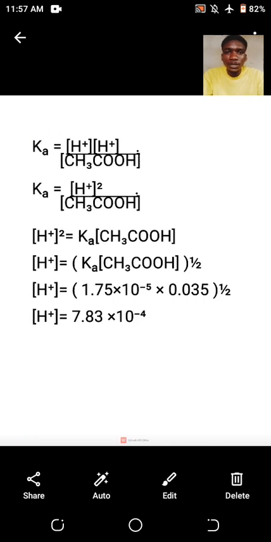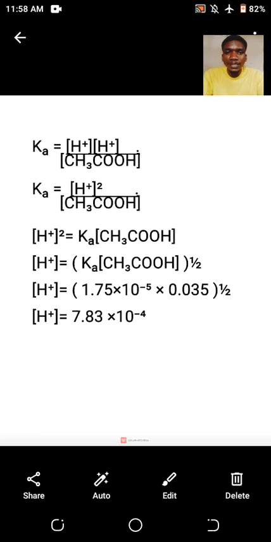So the dissociation constant Ka is equal to the concentration of hydrogen ion times the concentration of hydrogen ion, since the anion is equal to the cation, divided by the concentration of the acid itself. Therefore, Ka is equal to the hydrogen ion concentration squared divided by the concentration of the acetic acid.